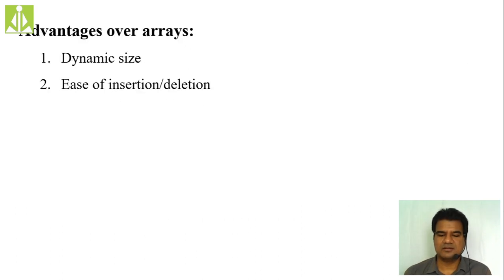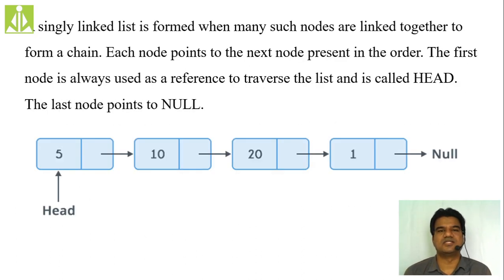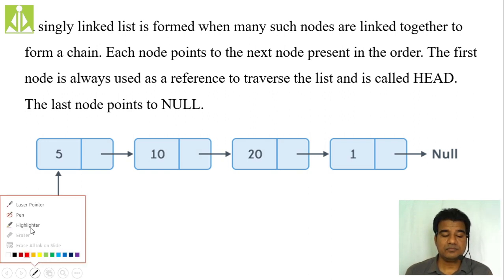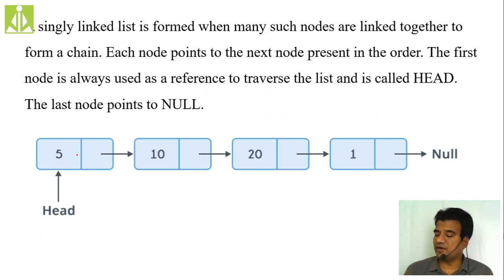So we have seen the example of a linked list, this one. Here we have 4 nodes in our linked list. For your understanding, this is your first node.